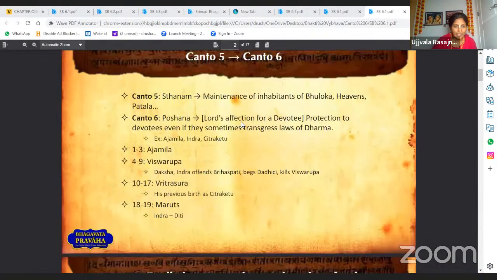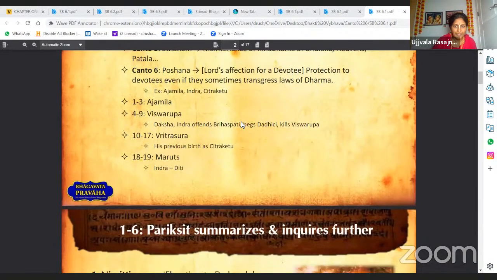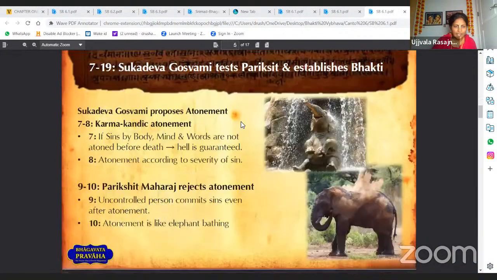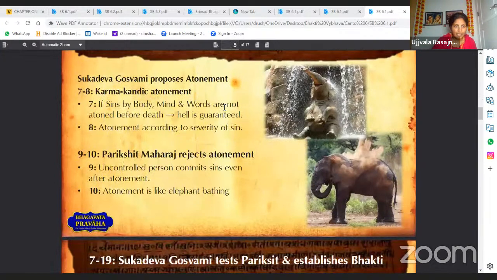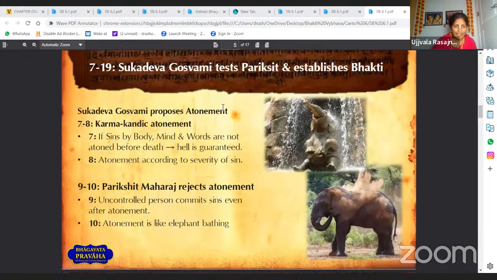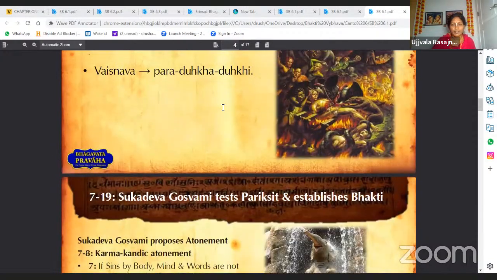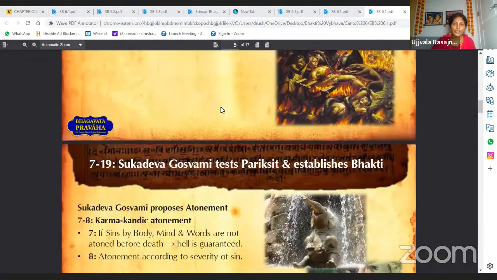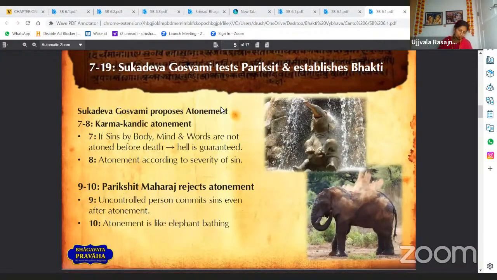I want to see the exact question. We have discussed this all. Sukadeva Goswami is directly coming here. The question by Parikshit Maharaj is, what can a jiva do so they do not go to the hellish planet? So here, Sukadeva Goswami could have answered straight away what the solution is.